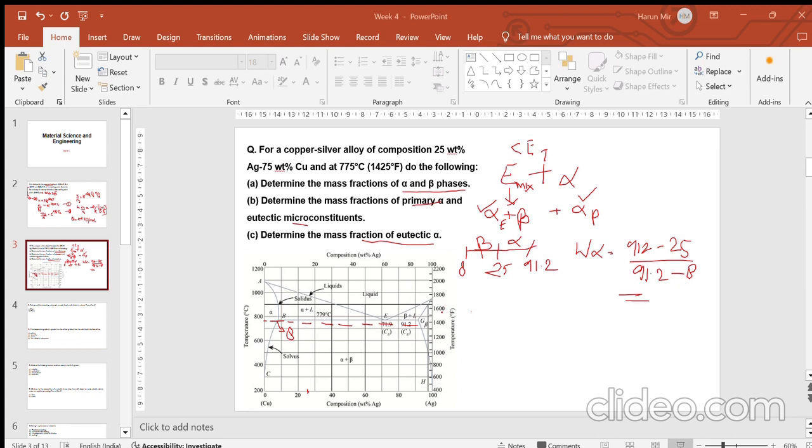right? So what will be the weight fraction of our beta? Anybody? Because our mixture is having two phases, alpha plus beta. So what will be beta? It will be 1 minus the weight fraction of your alpha, right?